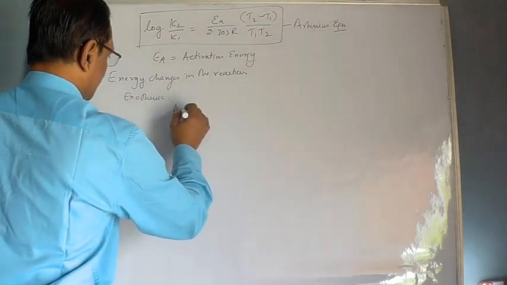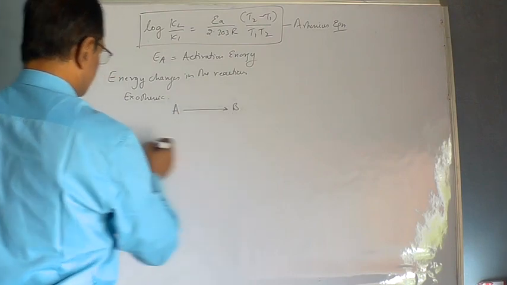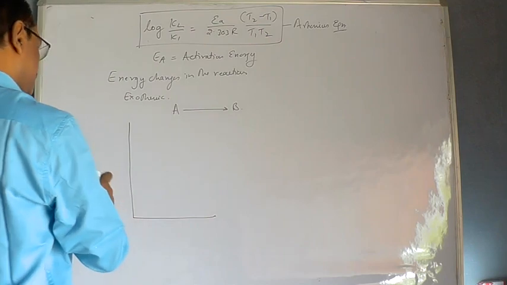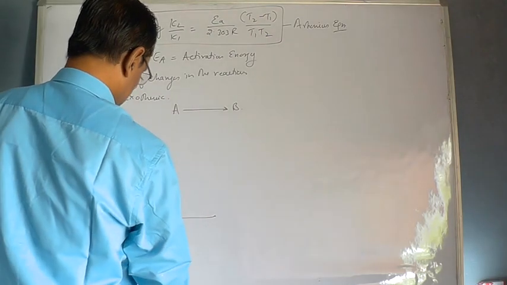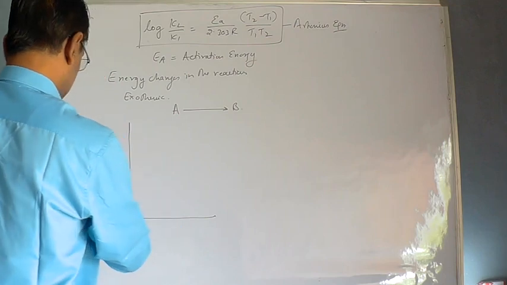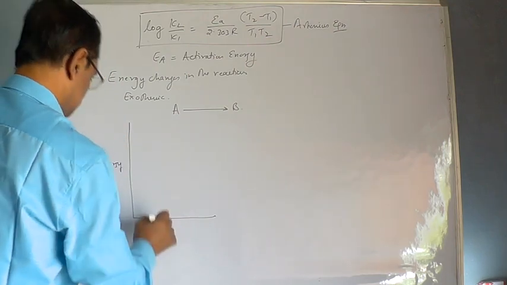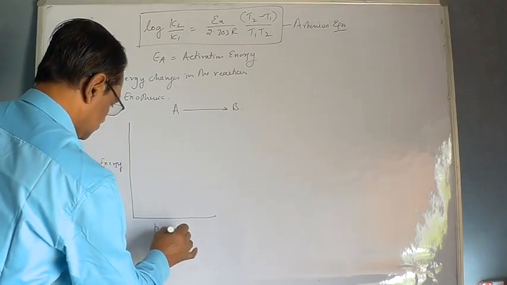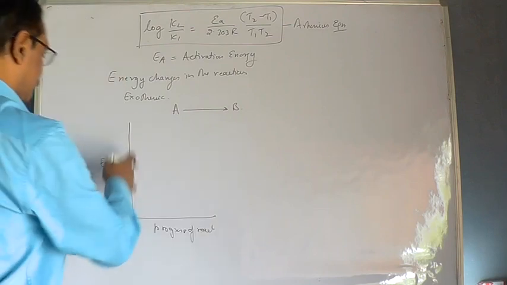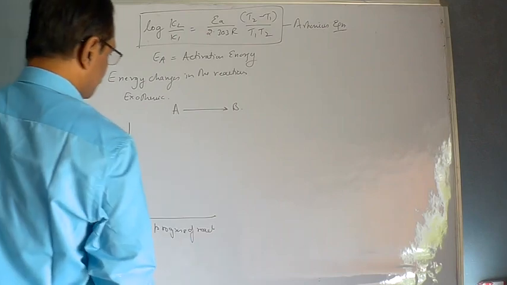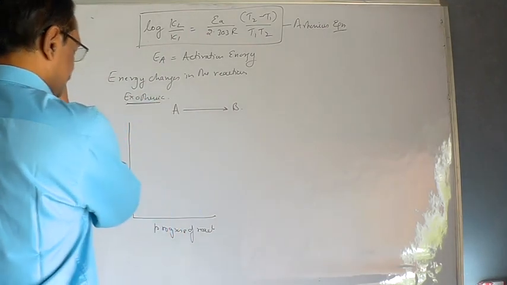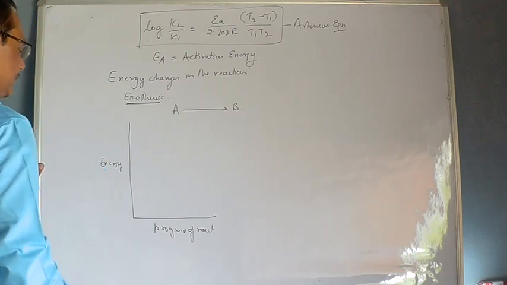Let us consider a reaction A giving me B. Class, here we are plotting energy and here progress of reaction. Since the reaction is exothermic, what does it mean? It means in due process the energy has been released.